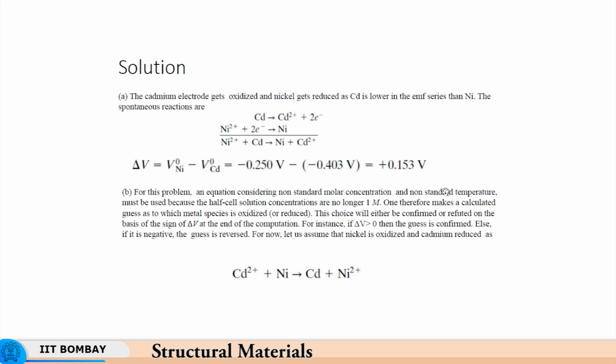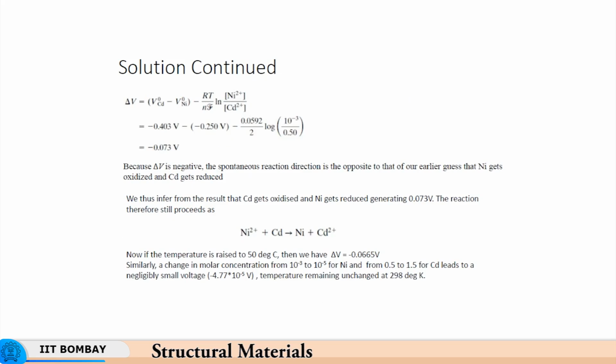Under standard conditions, this assumption is obviously wrong, because nickel is higher in the EMF series as compared to cadmium, but in a non-standard condition you have an assumption which is not based on the EMF series, contrary to the EMF series, and we need to find out whether we are right in assuming something else. So now we continue our solution here.